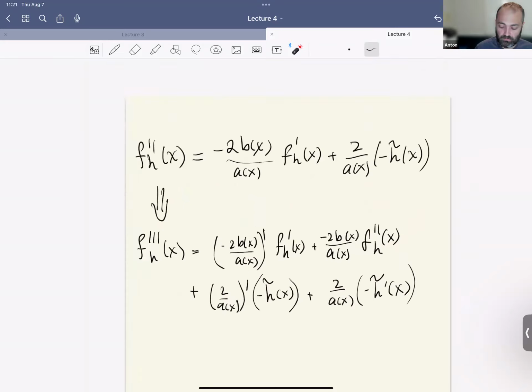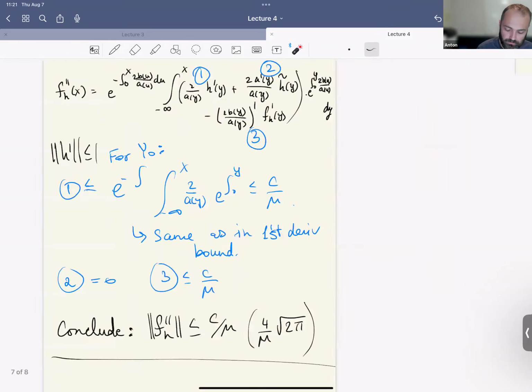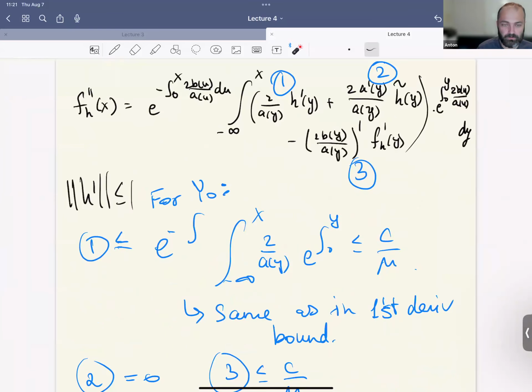Okay, but I want to convince you that using our special form, remember how I said everything is basically boiling down to proving the first derivative? How about this? I'll leave it as a homework problem because it is a little deeper.